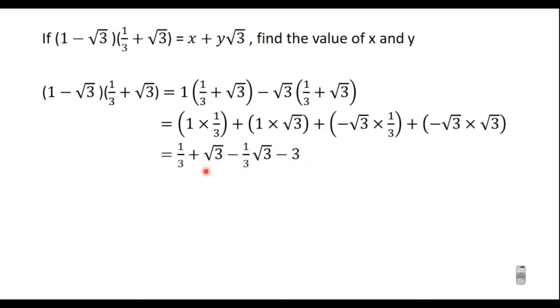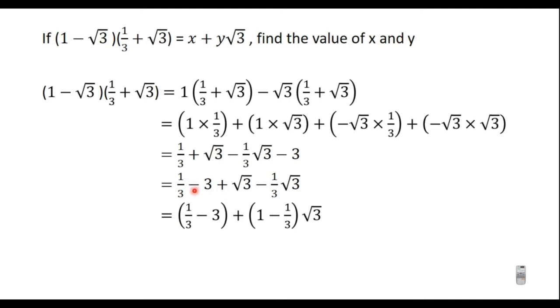So you can see from here that we have numbers, then we have the surds. So you group the numbers, then you group the surds to one side. So let's begin with the numbers. We have 1/3, we have minus 3 here, so 1/3 minus 3, then we group the surds to one side, so we have plus square root of 3 minus 1/3 square root of 3.